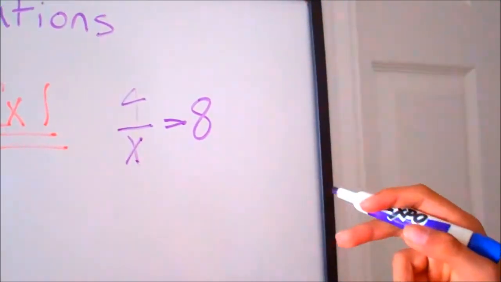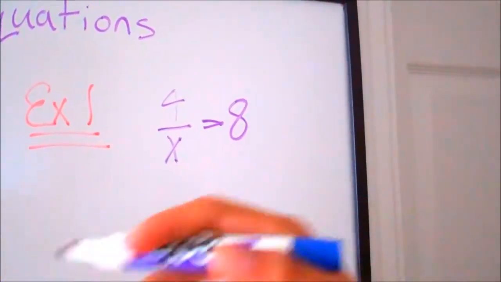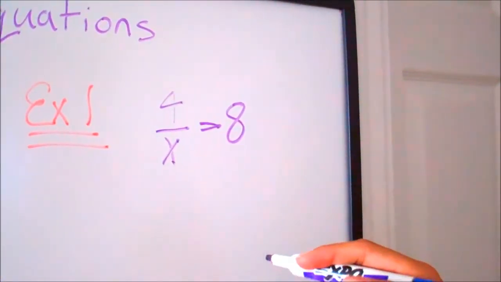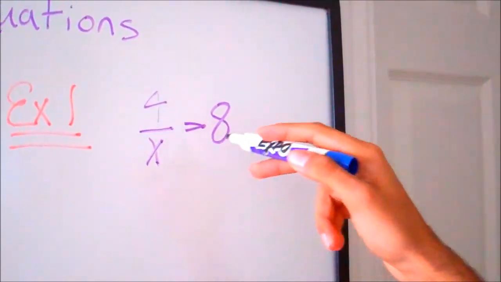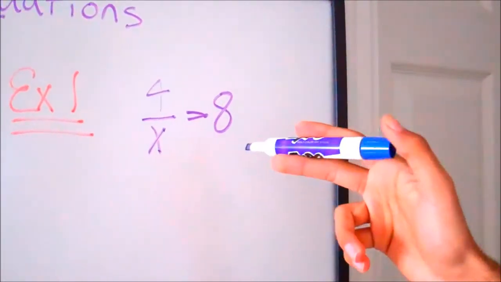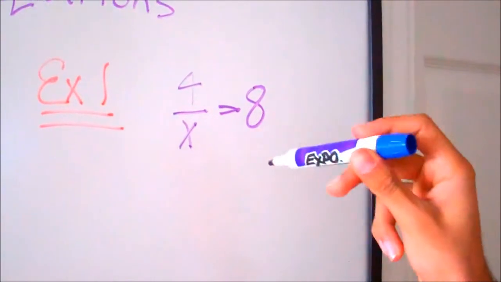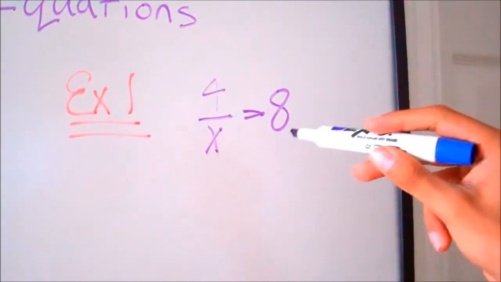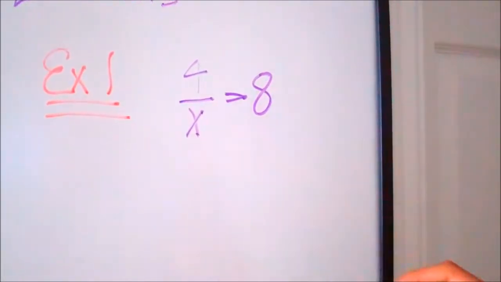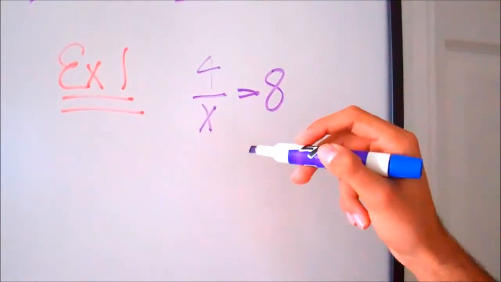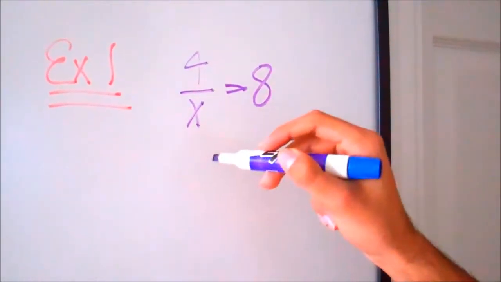Now, first, we must make sure that our right side equals the left side. Now, 4 over x is equivalent to 8. But how do we prove that? In order to do that, we need to isolate the variable x. So, we'll start off by multiplying 4 by x.